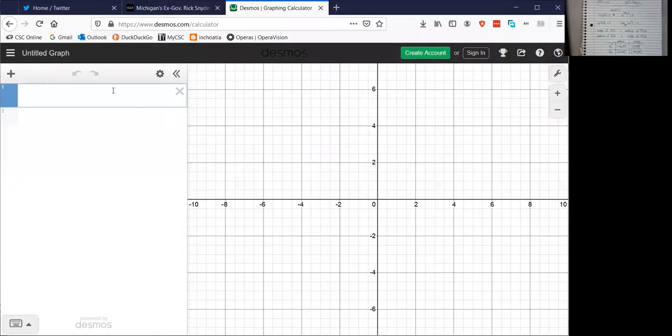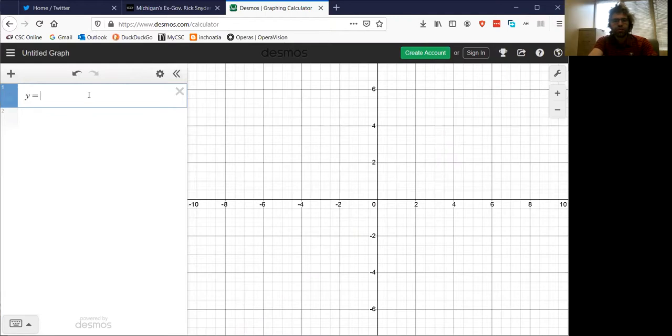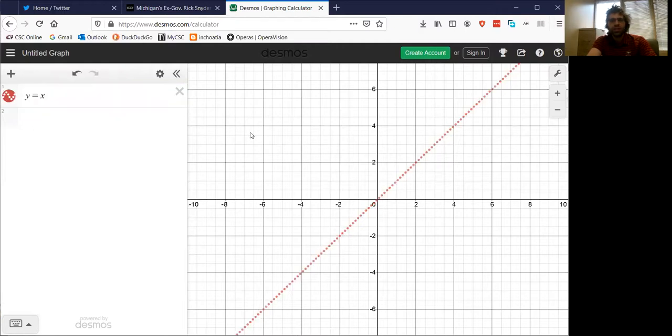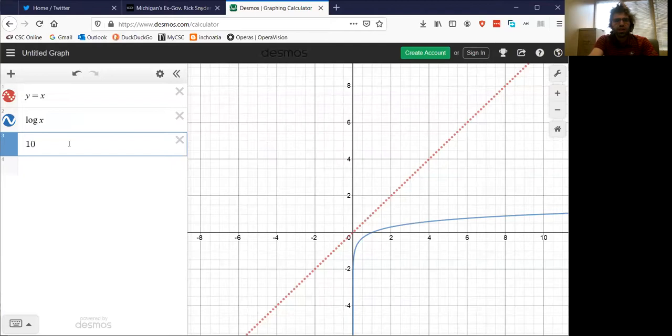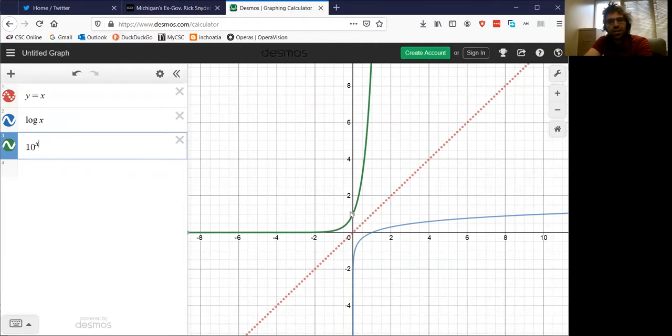Furthermore, we have said that if we look at the graph of a function and its inverse, the graphs are mirror images of each other over the line y equals x. And that is precisely what we see here.